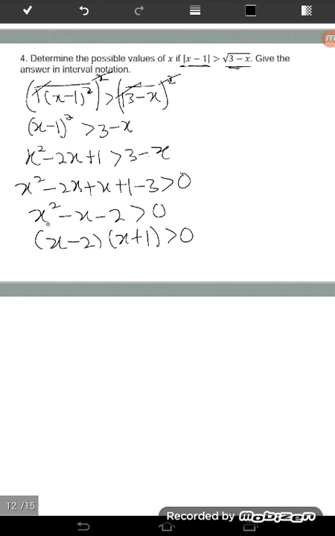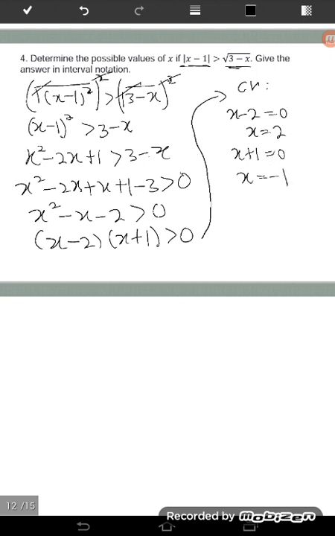So again, this one quadratic inequalities. Okay. So you need to draw an interval table. So before that, you need to find the critical value. So you have x minus 2 equal to 0 implies x equal to 2, and x plus 1 equal to 0 implies x equal to negative 1.